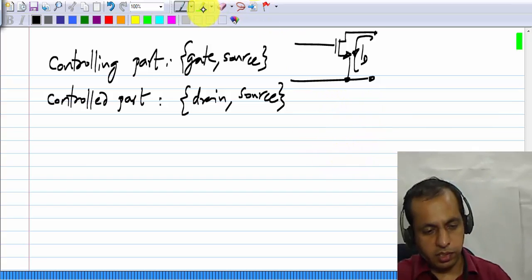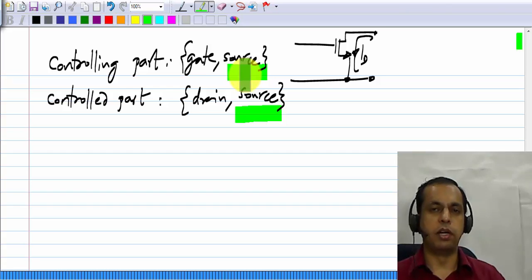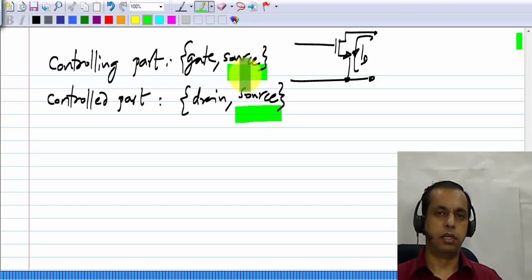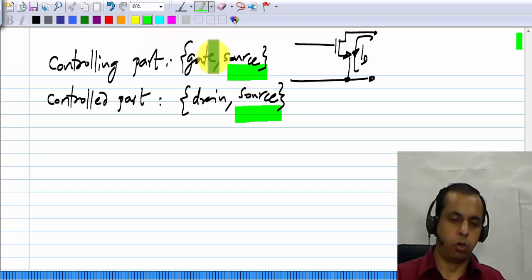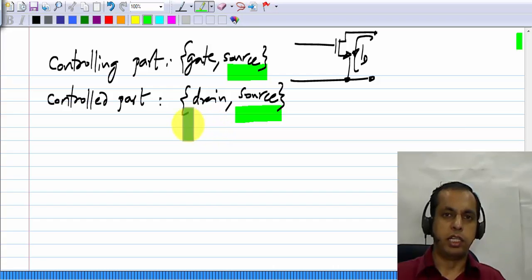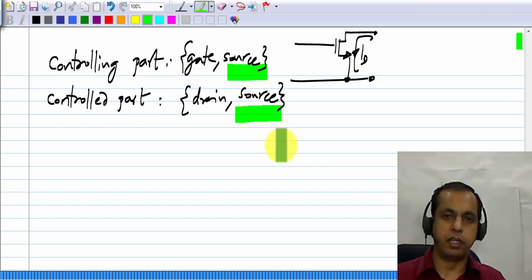You can clearly see that the source belongs to the controlled side as well as the controlling side of the transistor. The gate, you can only apply the input, it can only control, nothing will come out of the gate, it's not an output. Similarly, the drain is only an output, you can't apply something to the drain. Whereas the source is common to both the controlling part and the controlled part.